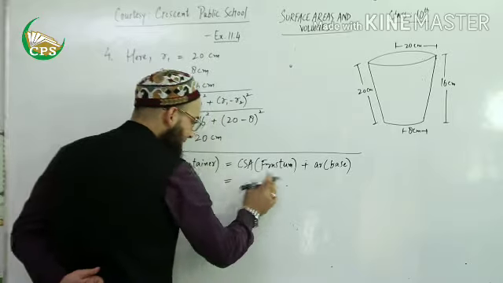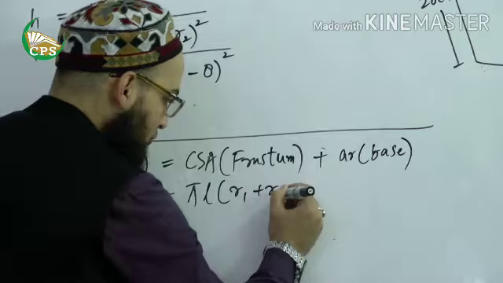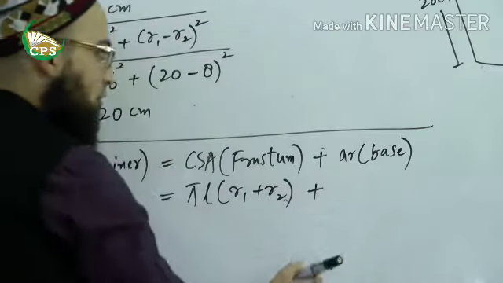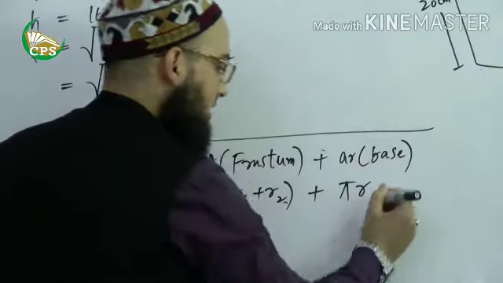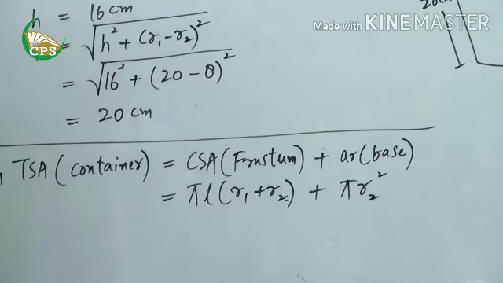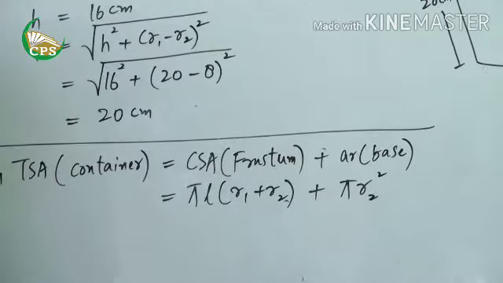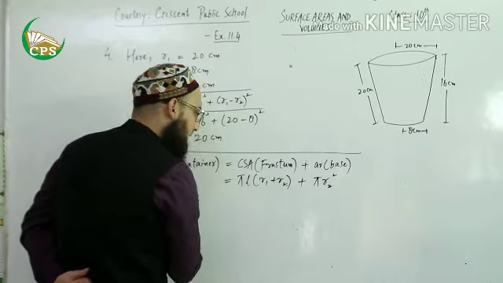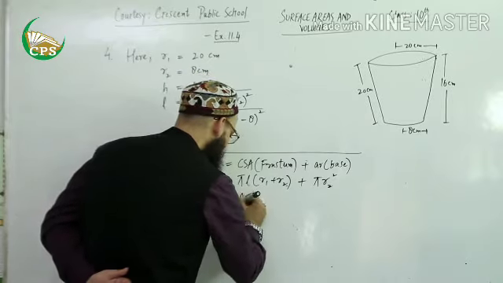Now, curved surface area of frustum is pi L times R1 plus R2, plus area of base, which is circular, that means area of circle, pi R square, and R2 is considered here, pi R2 square. Then we can take pi out.